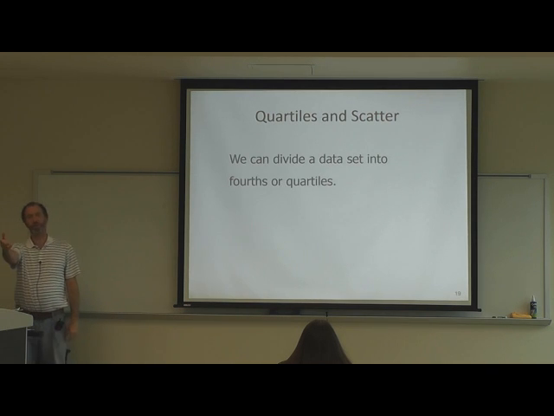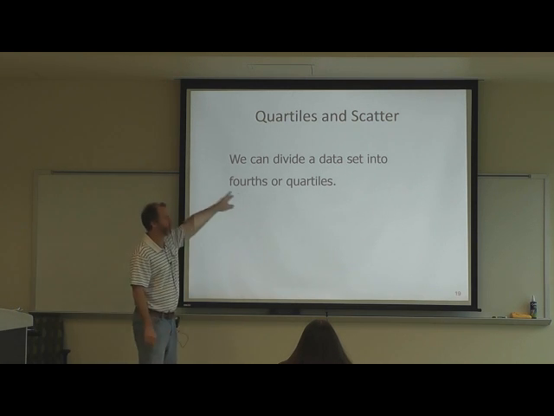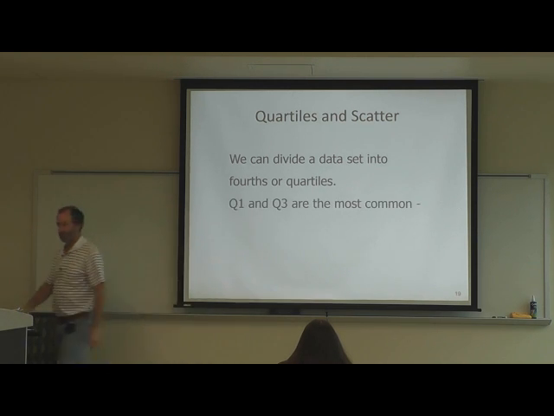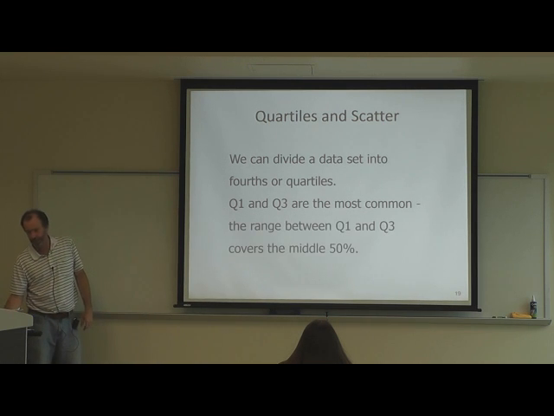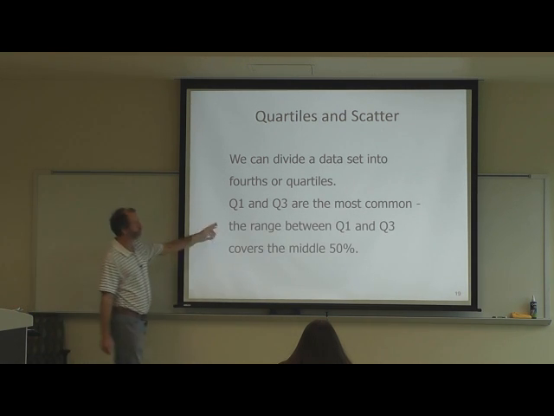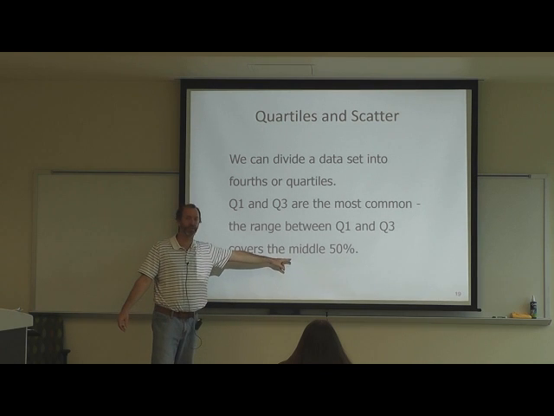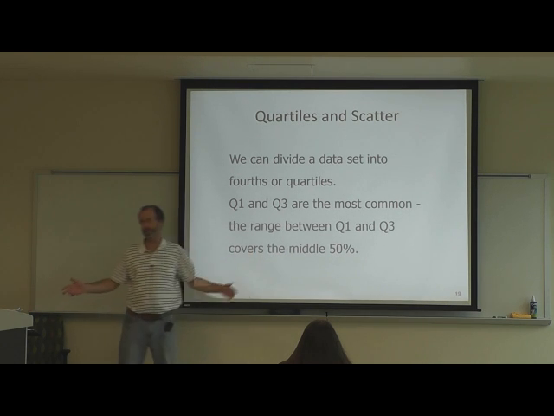So now we're going to get to quartiles. You can divide the data set into fourths, and that makes them quartiles. Quartiles 1 and 3, Q1 and Q3, are the most common. The range between Q1 and Q3 represents the middle 50% of the data, right?